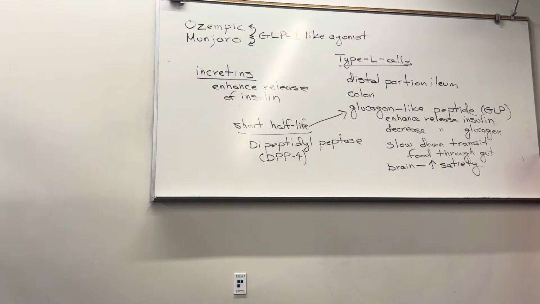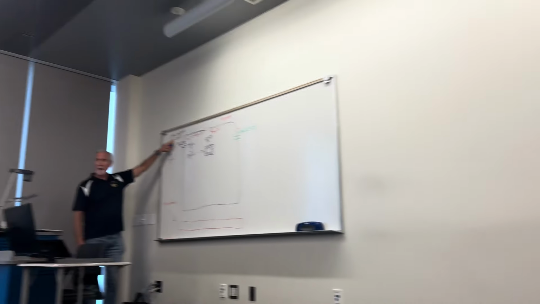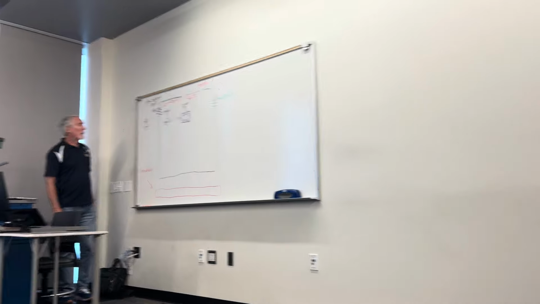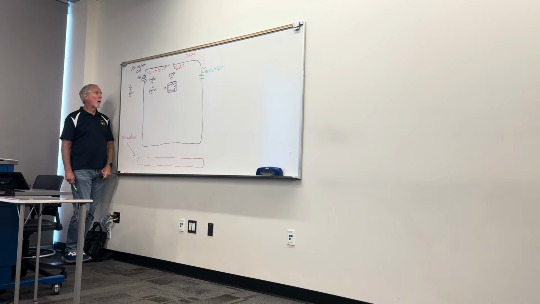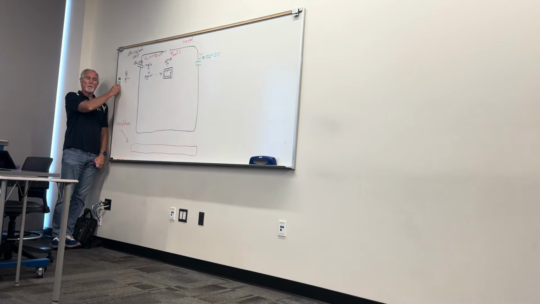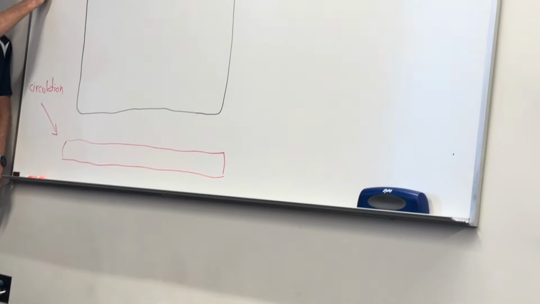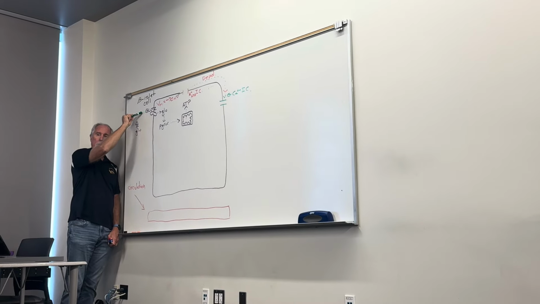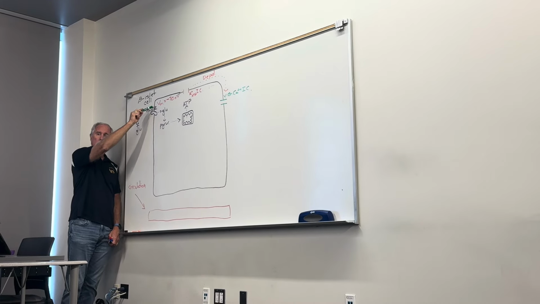So what's happening? Let me just finish the diagram over here. So this is the standard diagram I've laid out for you. Here we're talking about a beta islet cell. And as you already know, the beta islet cells are able to sense increases in blood glucose, because when there's an increase in blood glucose, that increases the transport or the import of glucose into the cell.